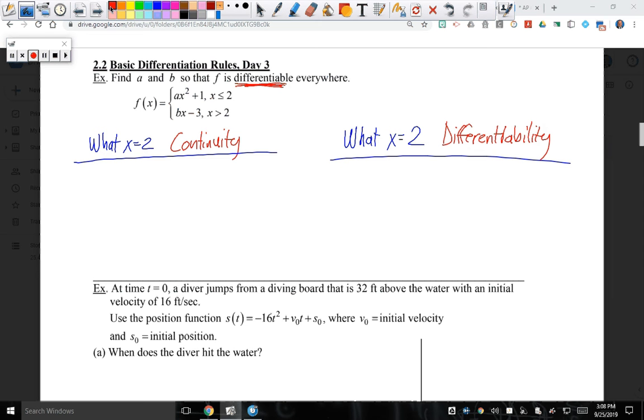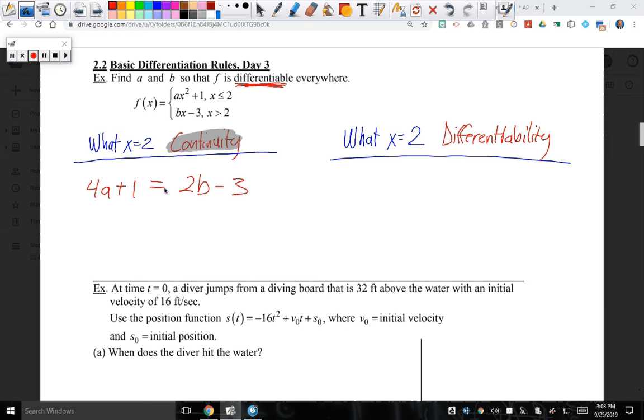So continuity-wise, if x equaled 2, on the top function, I have 4a plus 1. Right? On the bottom function, what do I have? 2b minus 3. And for it to be continuous, what am I going to do with these two equations? Set them equal to each other.